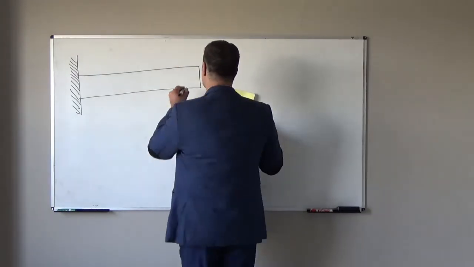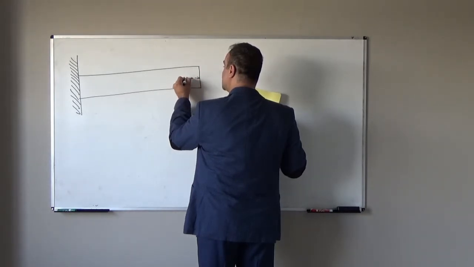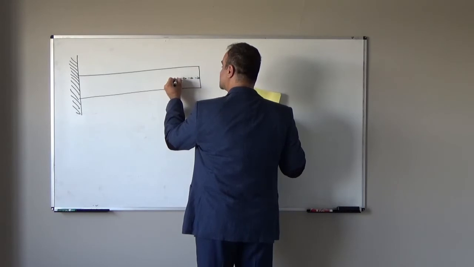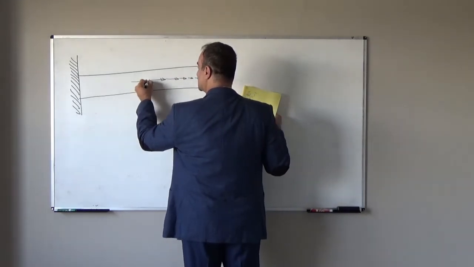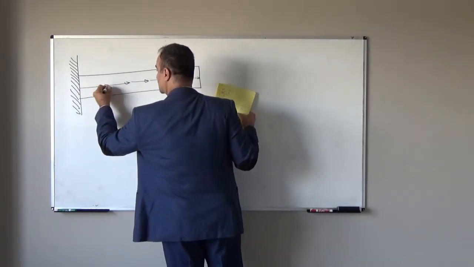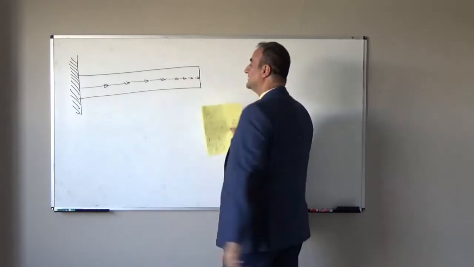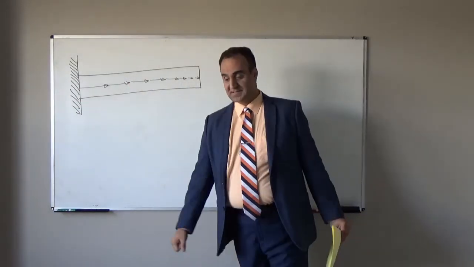What does that mean? Axial load at tip it is close to 0, then from free end to the support magnitude is increasing like this. So the magnitude is increasing from free end to the fixed support.